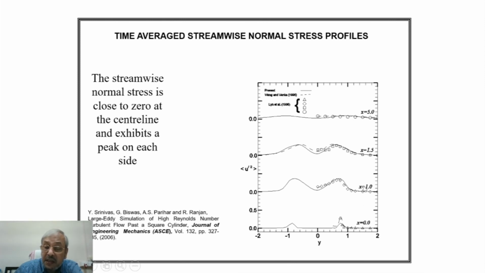A further distance away, x is 1, x equal to 1.5, x equal to 5.0, and the y distribution, that means this is the depth average distribution in the cross normal direction of the normal stress. And then we compared it with the very carefully done experiments of Lin and Rodi and the very carefully done LES study of Wang and Vanka.